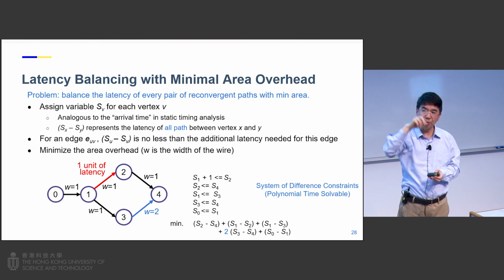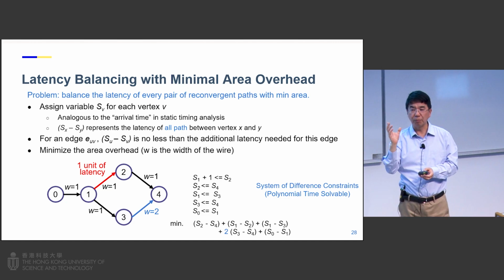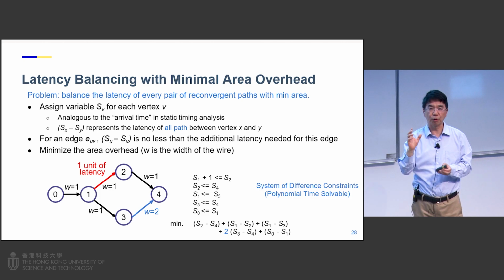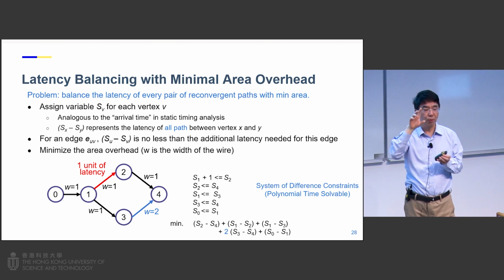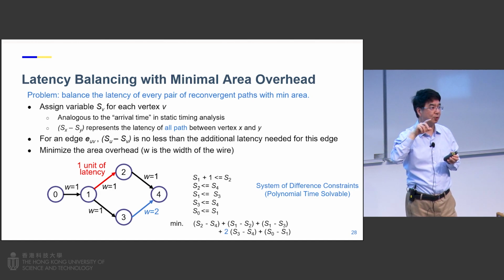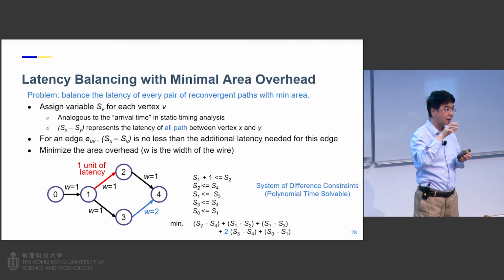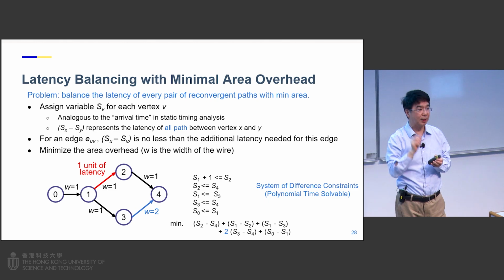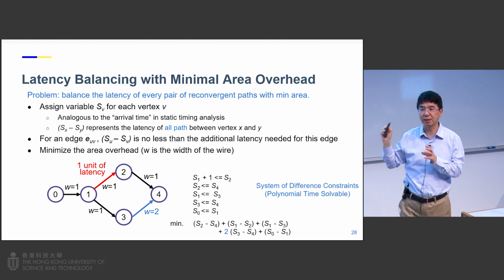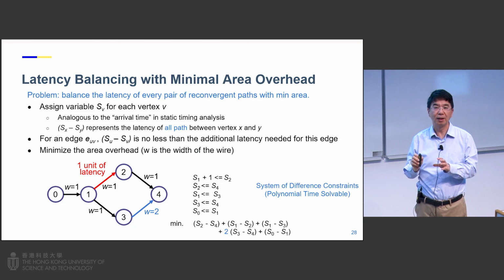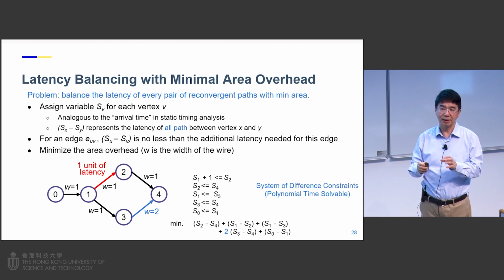Once you have this formula and the underlying matrix, you can prove it has so-called total unimodularity. And then the whole problem can be solved using linear programming, and it's guaranteed to have optimal integer solutions. So that's very significant. In fact, this is the same optimization we did in the scheduling as well.